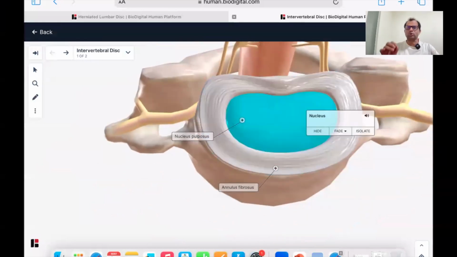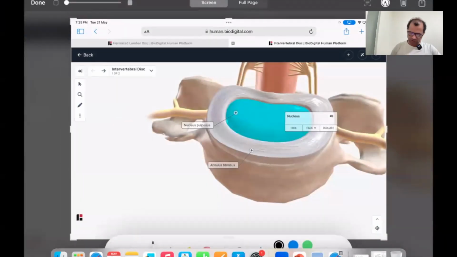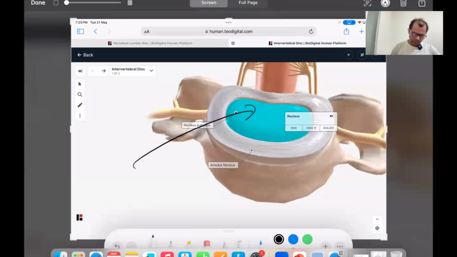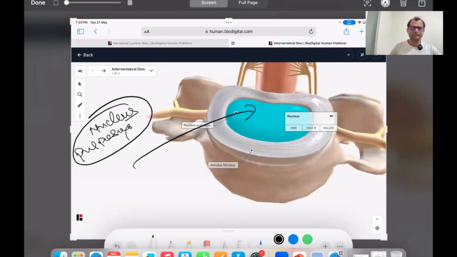The central part is the nucleus, that is called nucleus pulposus. इसे हम कहते हैं अंदर के स्ट्रक्चर को nucleus pulposus. And the structure around it is called annulus fibrosis.